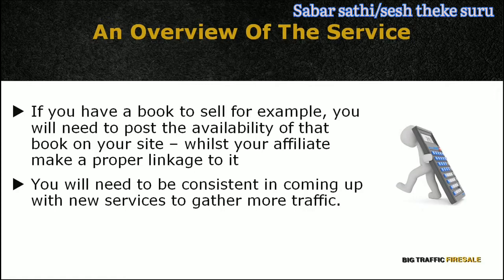Other than that, you'll need to be consistent in coming up with new services to gather more traffic. No users want to waste their time on a merchant who is stagnant in their business. There are numerous affiliate services and programs out there. A guideline of JVZoo.com will be used to explain most of the necessary items you need to know once you've chosen an affiliate.